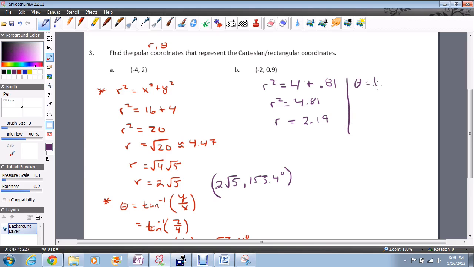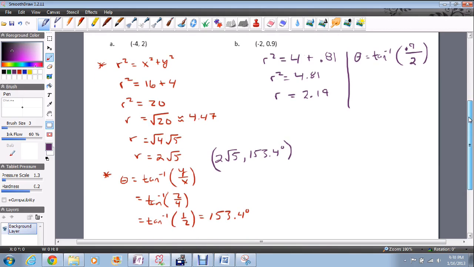Theta is equal to tan inverse of y over x. So 0.9 divided by 2. Remember, only use the positive values when you're figuring out this angle. And when we get our answer, we get 24.2 degrees.